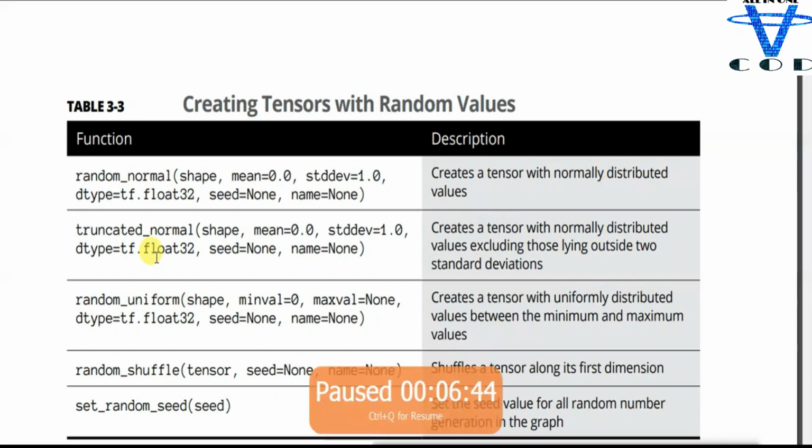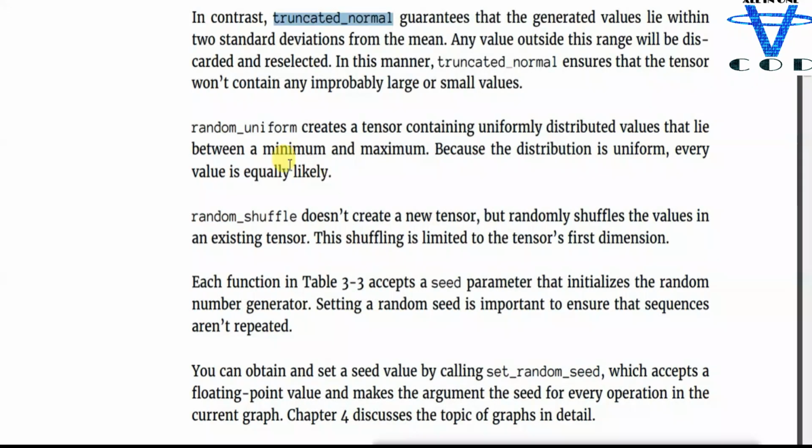Now random uniform creates a tensor containing uniformly distributed values that lie between a minimum and maximum. Because the distribution is uniform, every value is equally likely.